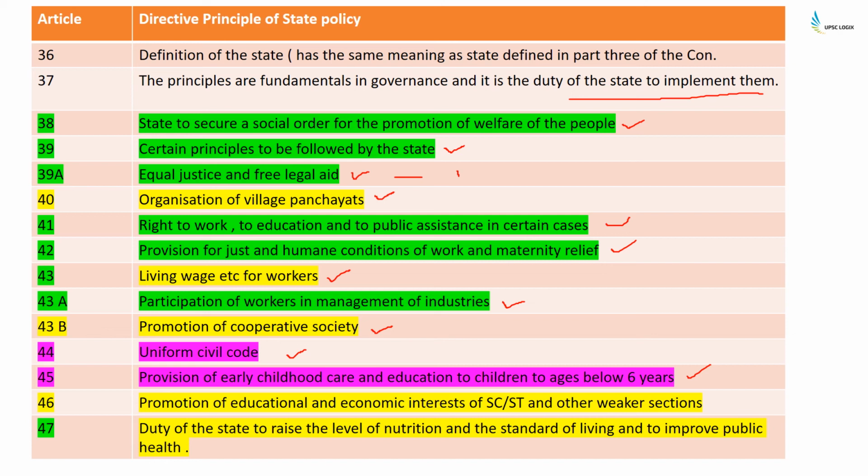Article 46, promotion of educational and economic interests of scheduled castes, scheduled tribes and other weaker sections. Then Article 47 is duty of the state to raise the level of nutrition and the standard of living and to improve public health.